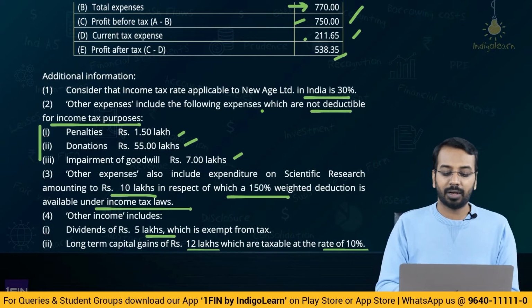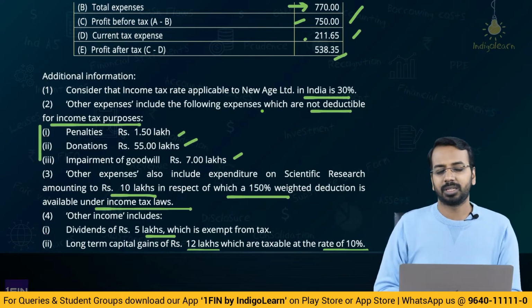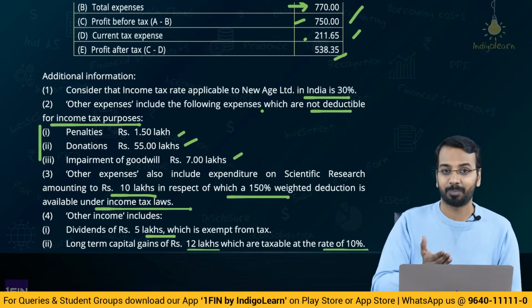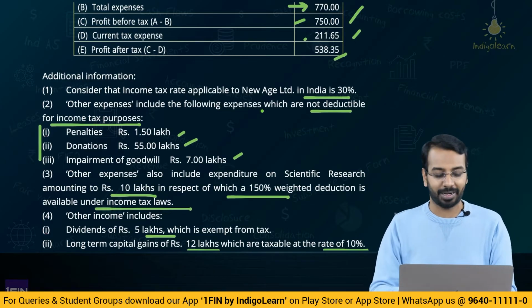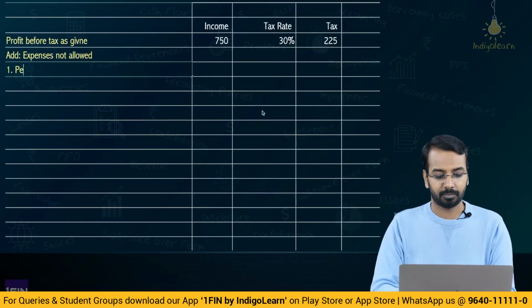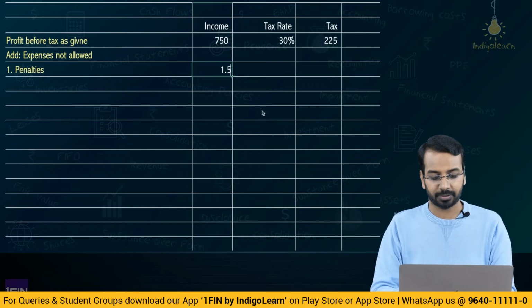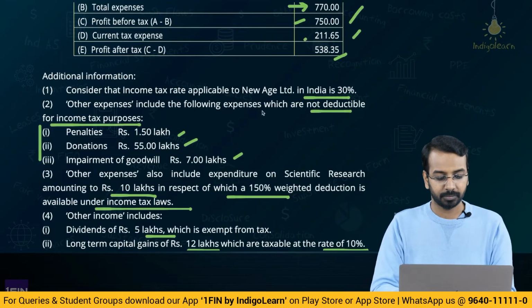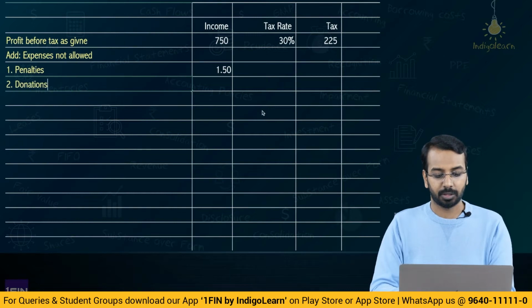Other expense include the following expense which are not deductible for tax purpose. If it is not deductible for tax purpose, what will you do for income tax purpose? You will add back. That means you will increase the tax part, right? So add expenses not allowed. Number 1, penalties 1.5 lakhs. 2, donations 55 lakhs.